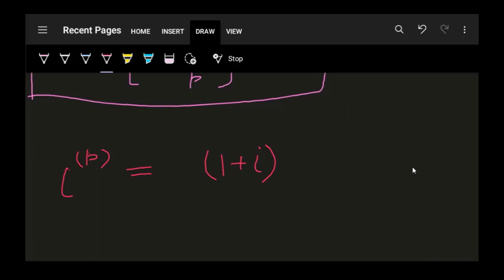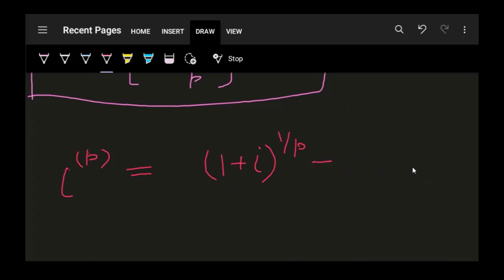If I raise it to the power 1 by p, this will give me the effective factor of that pth time period.